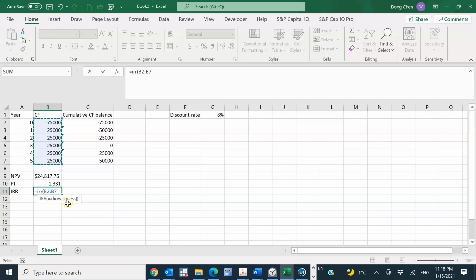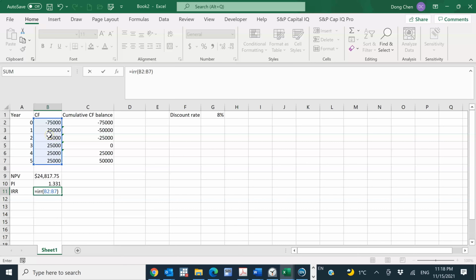And the second argument, you can see, is guess. Basically, this is the initial guess for the IRR function in order for Excel to start to look for that special discount rate, which makes NPV to be 0, because that's the definition of IRR. And if you don't put this guess value, Excel will start from 10%. In this case, we know there's only one IRR possible. Why?